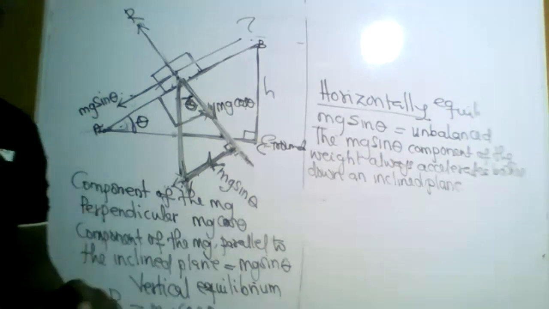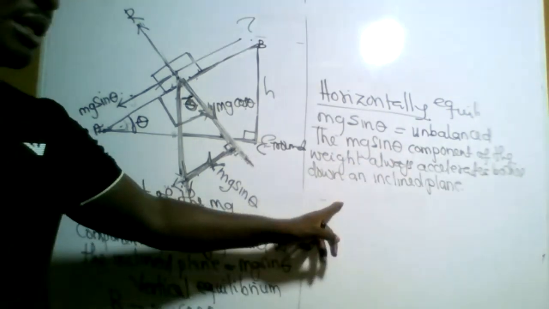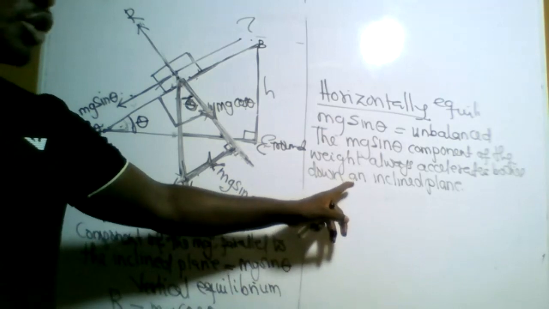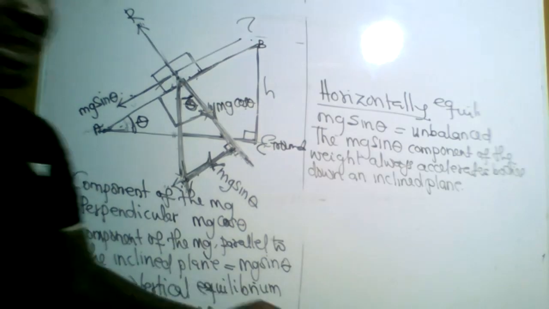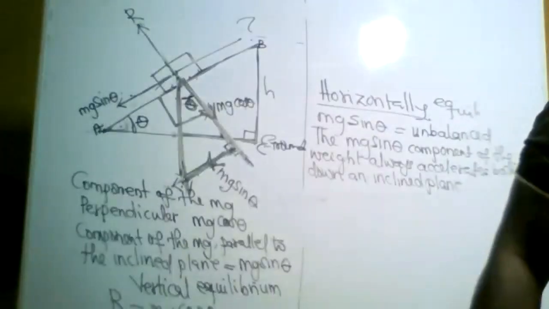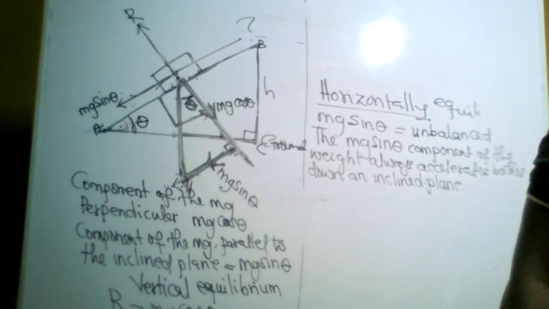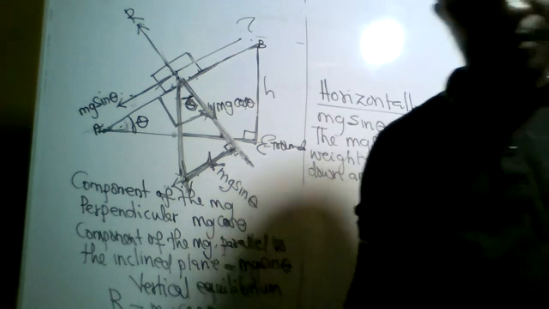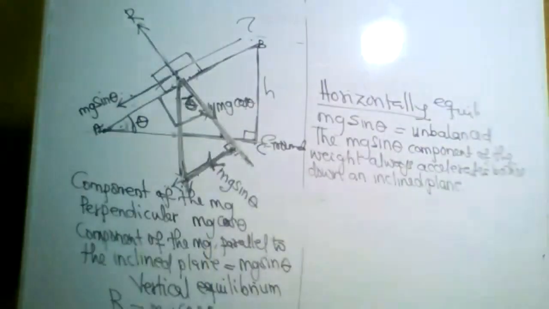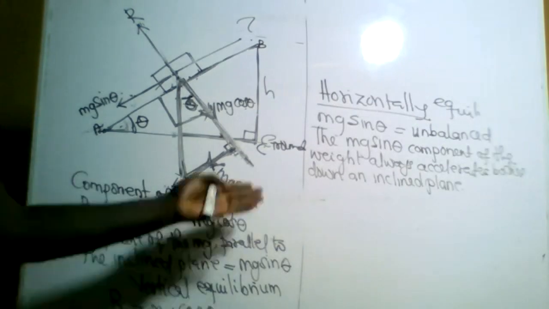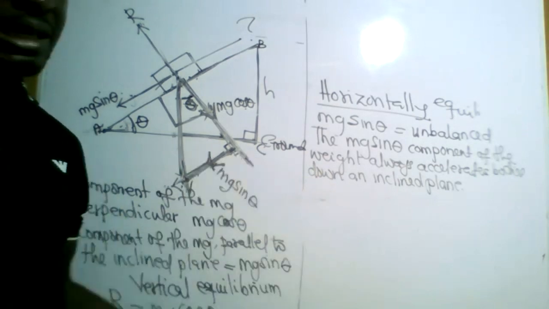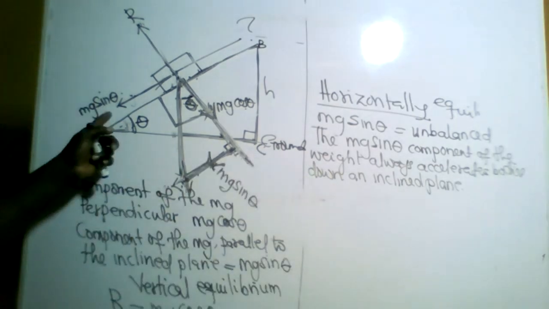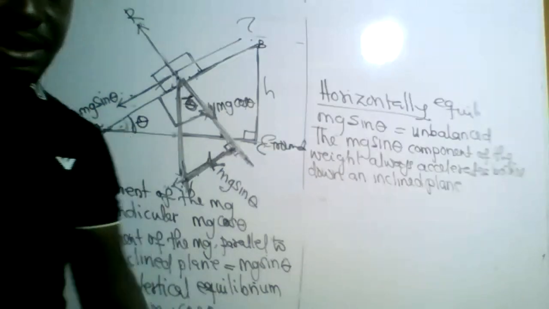So bodies accelerate down an inclined plane due to the mg sine theta component. That is the reason why bodies are always accelerating down an inclined plane. If you are asked which force is responsible for accelerating bodies down an inclined plane, it is the mg sine theta component. Simple. If you have any question, ask.